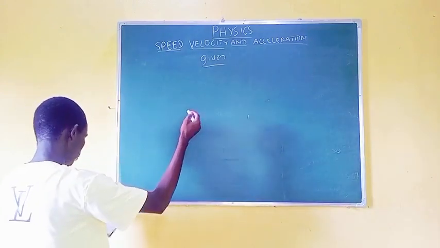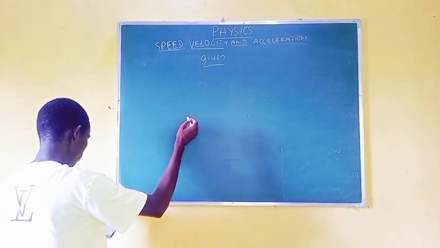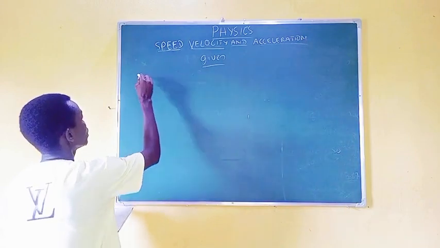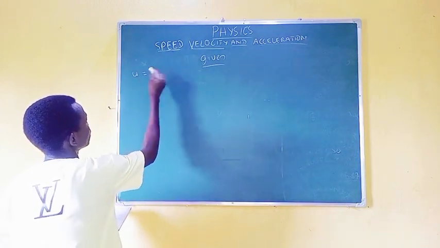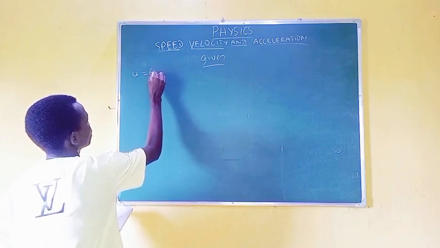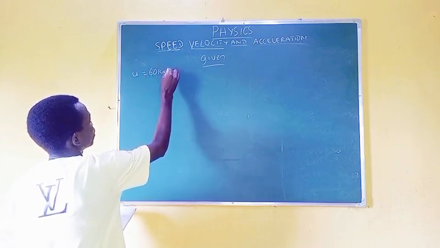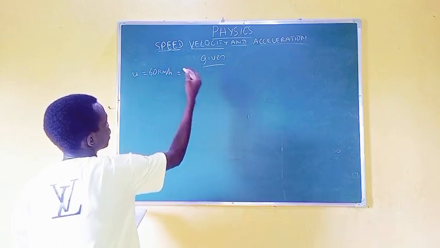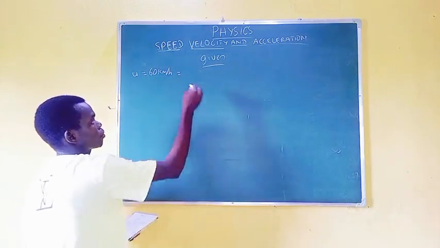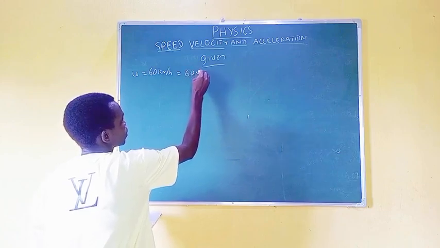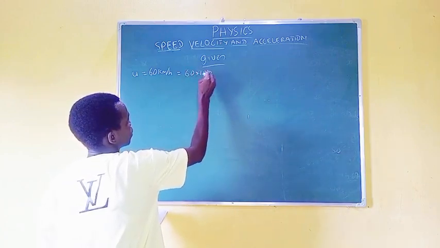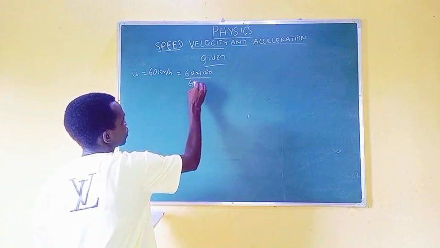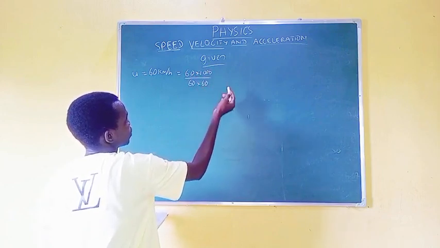The parameters given, we have initial velocity, which is equal to 60 km/h, which can be converted to meter per second by 60 times 1000 over 60 times 60.